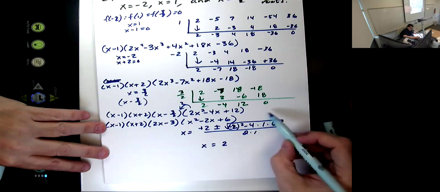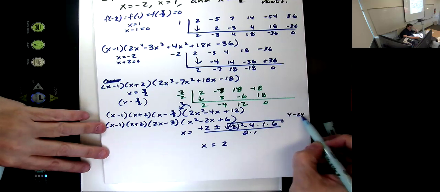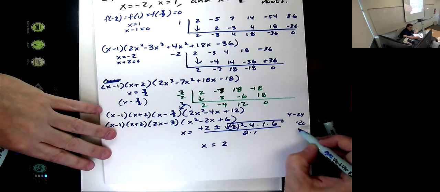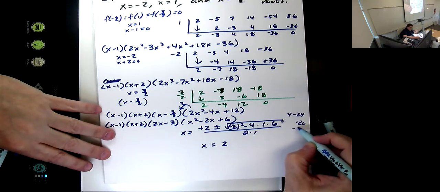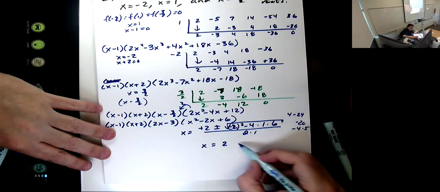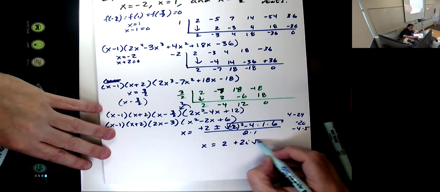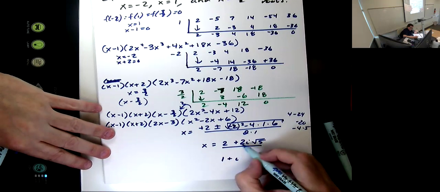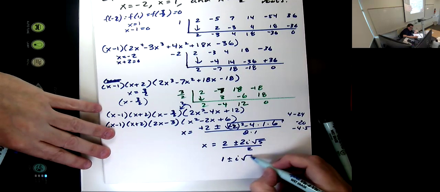This is 4 minus 24 on the inside, which is -20, which is -4 times 5, so 2i root 5 over 2, or 1 plus or minus i root 5.